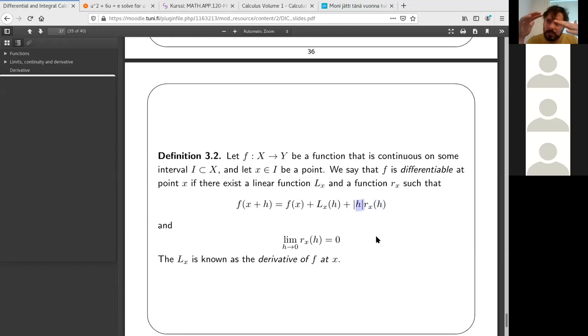So this is the intuition that I tried to explain last time, that it's differentiable. The differentiability means that if you approximate it with the straight line at that point x, and you zoom in closer, and despite looking at it closer, there's this tiny error, and when you look at it closer, then the error becomes still smaller and smaller, even though you zoom in.